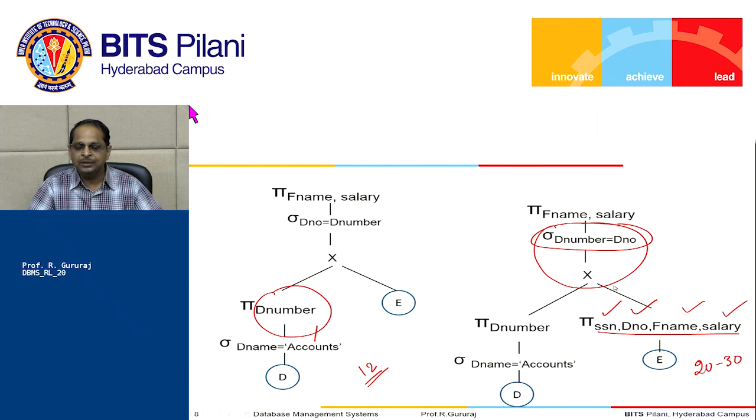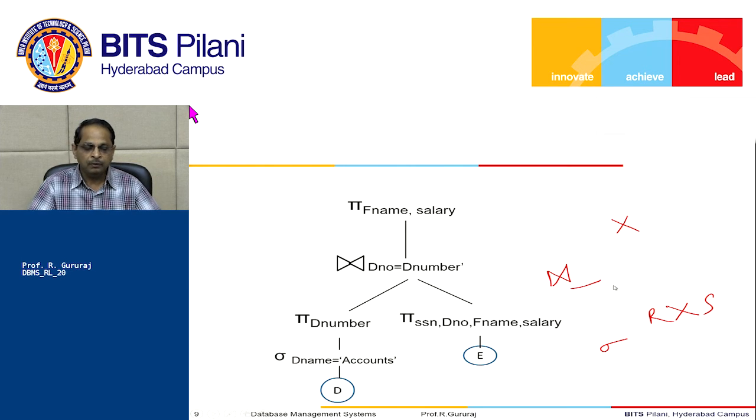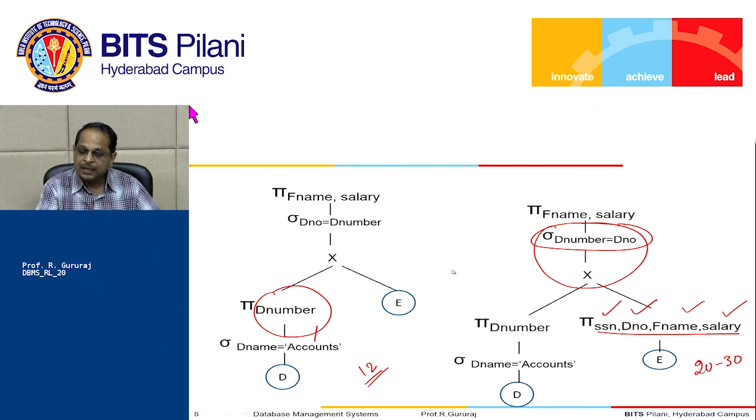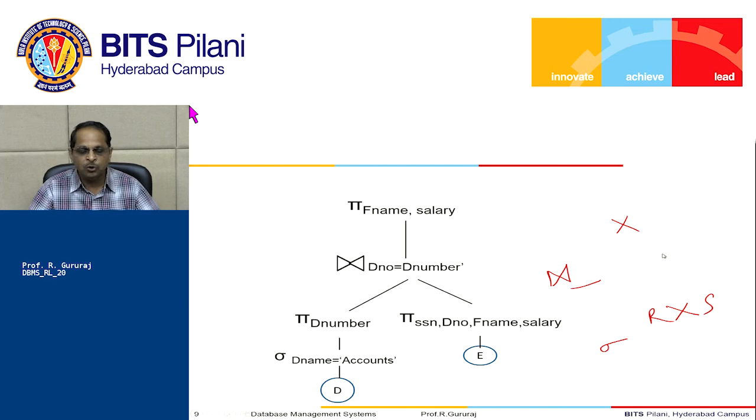That will reduce the costs. You see here, I am eliminating that Cartesian product operation, which in the previous case was immediately followed by the selection operation. Now I merge these two and use only one operation, the simple inner join.